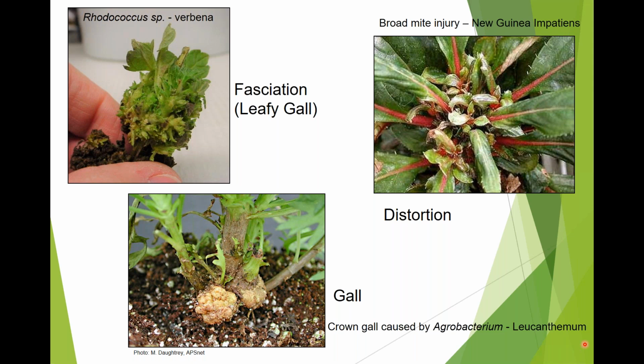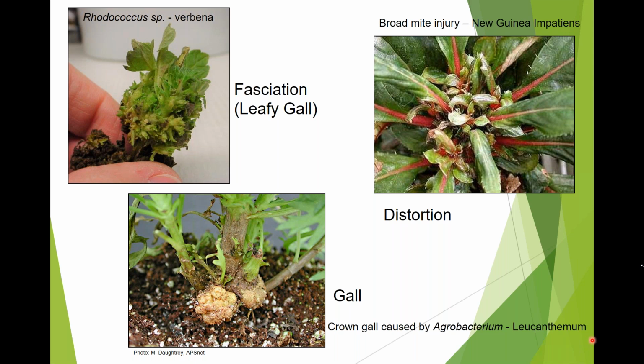Below that, on the lower left, is a different kind of gall, and that is a smoother tissue. The tissue is undifferentiated in that gall at the base of this leucanthemum plant, and that is caused by the bacterium Agrobacterium tumefaciens. This is crown gall, and there isn't any leafy development on this gall. It's kind of smooth. It's like an excess of callus tissue, sort of, in that lower part of the plant.